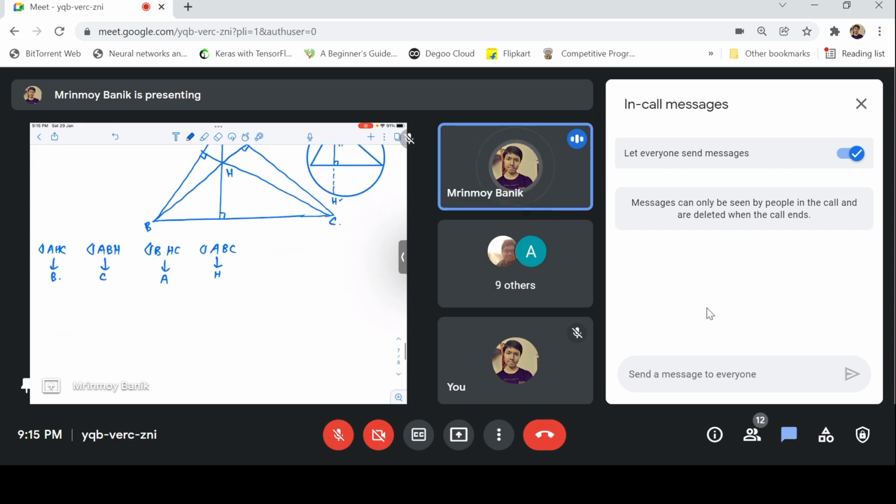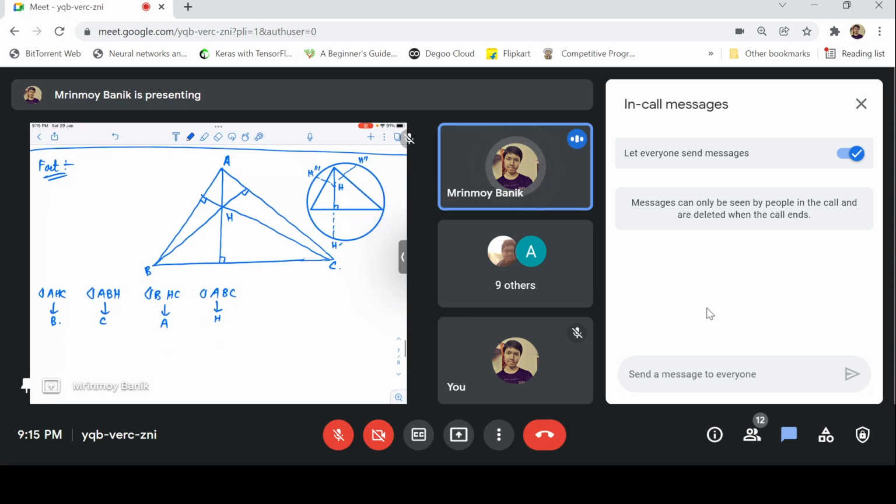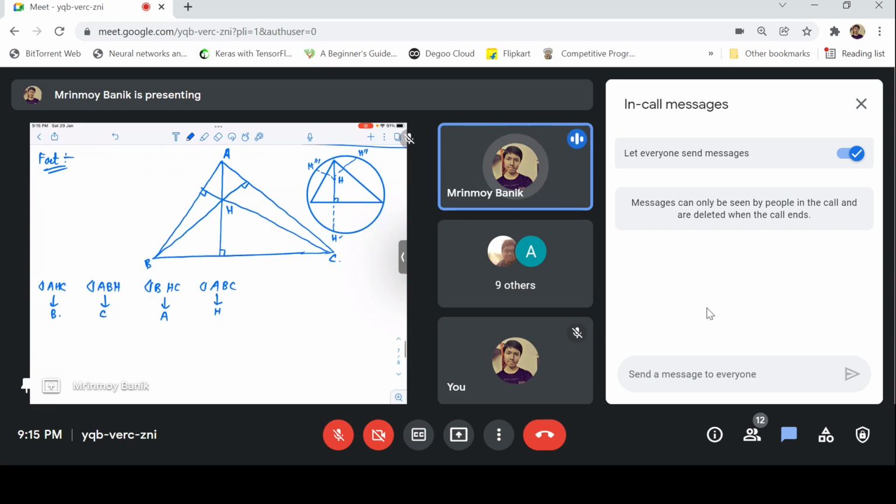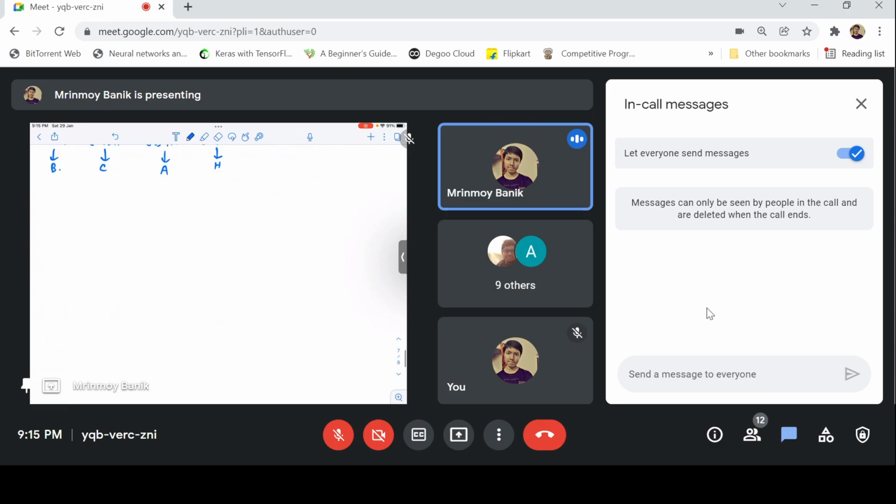Actually, all these small facts will be necessary to prove that Euler line property, that the distance between the centroid, so you can remember it in this way. The Euler line is the line defined by the centroid and the orthocenter.